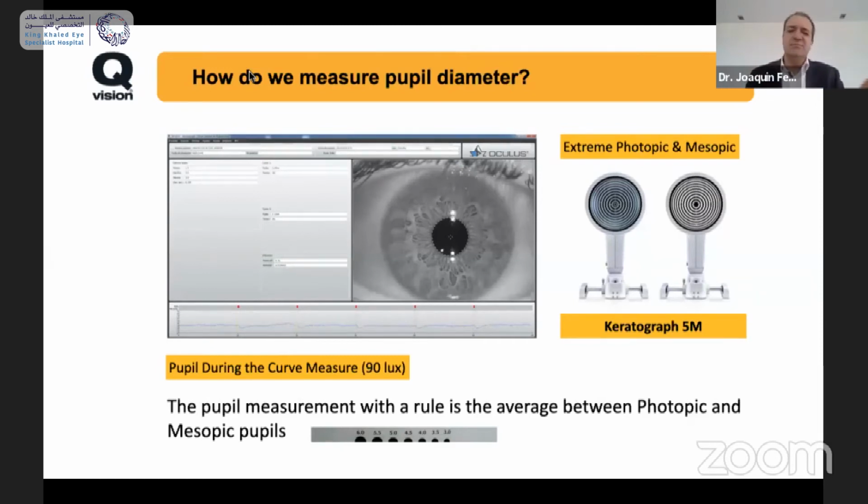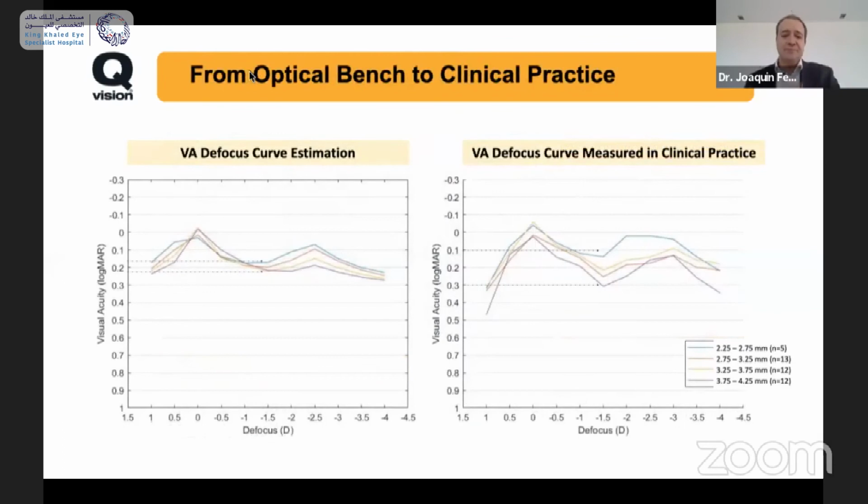So it doesn't matter; you can measure with a ruler, you can measure however you want. But you need to know exactly, as Alexandra's paper tells us, that it is going to directly affect the defocus curve of our patient. We published it in the Journal of Refractive Surgery this year.